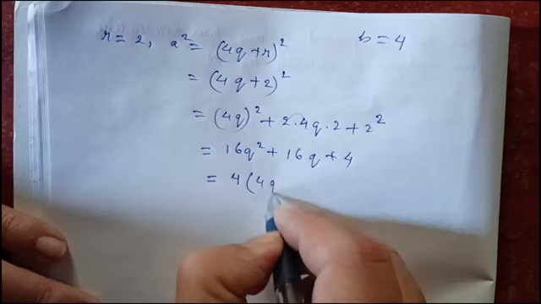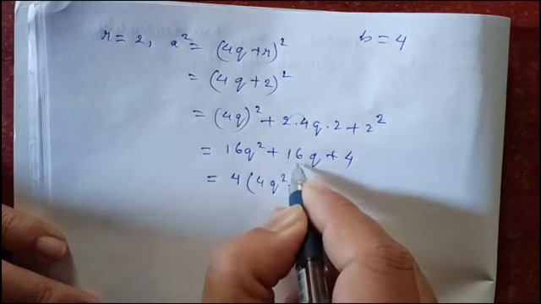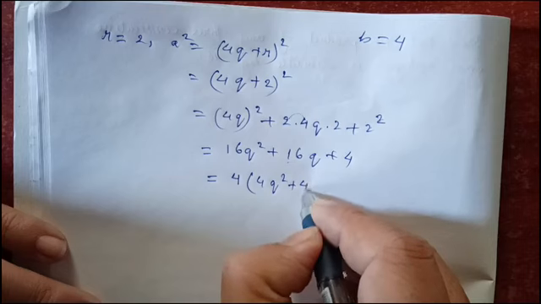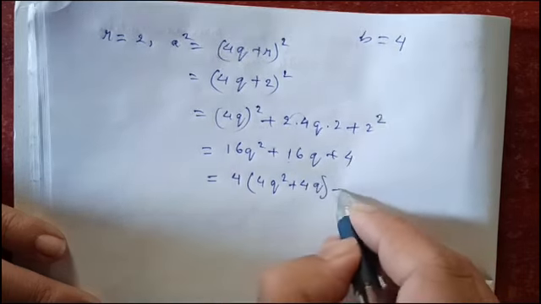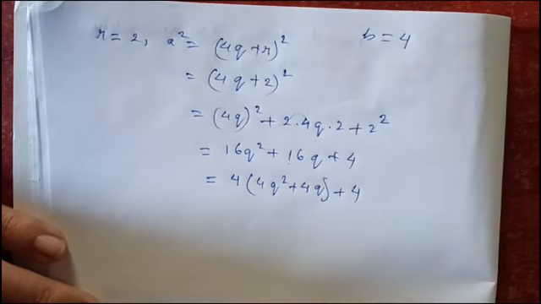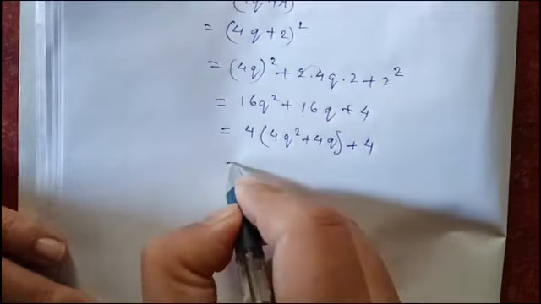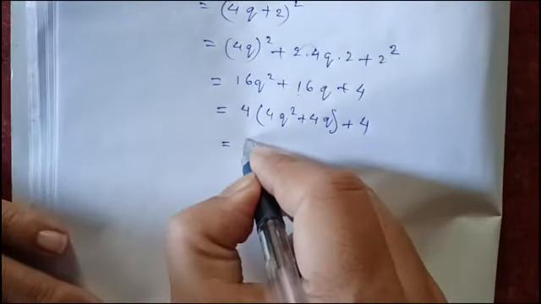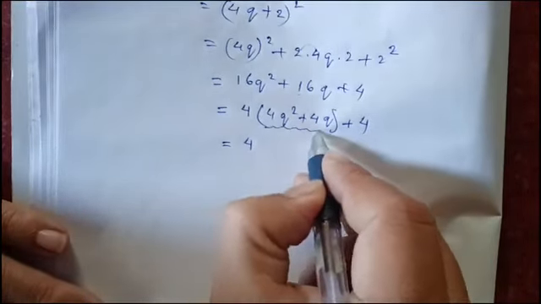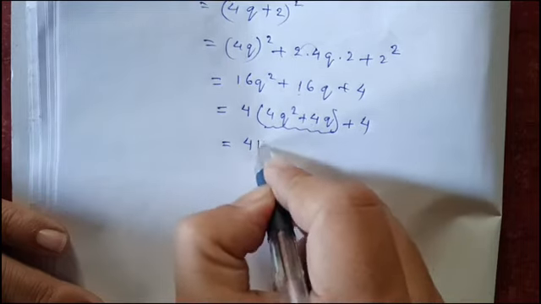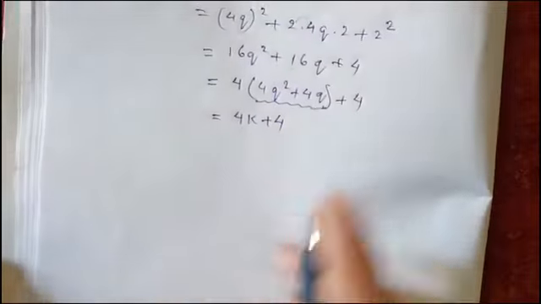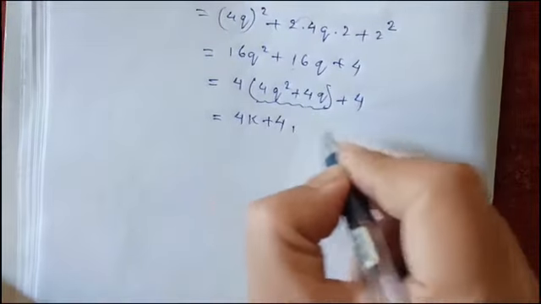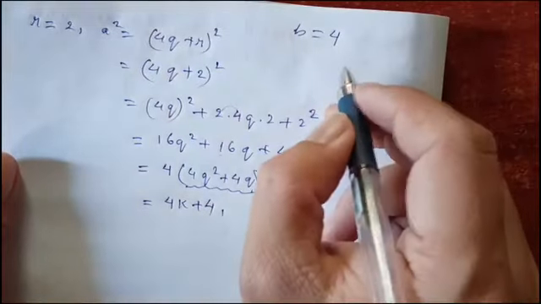Now you take out 4, 4 times 4 are 16, and this is again 4 times 4 are 16, then plus 4. Now the number which is inside the bracket, you replace with k. So is it in the form of 4k plus 2?